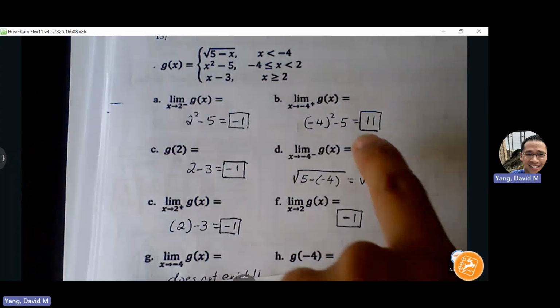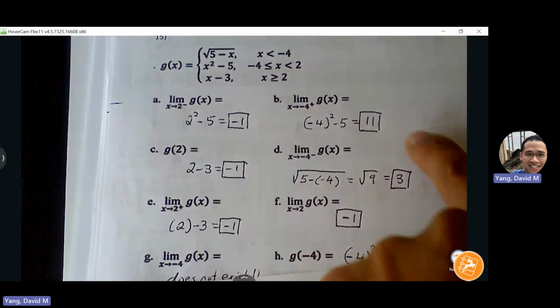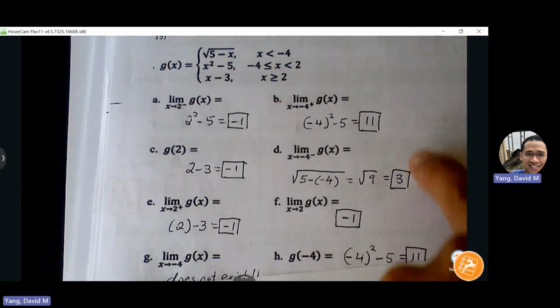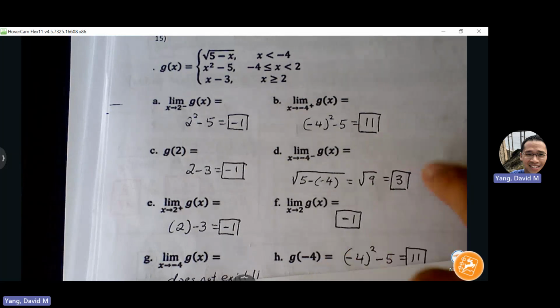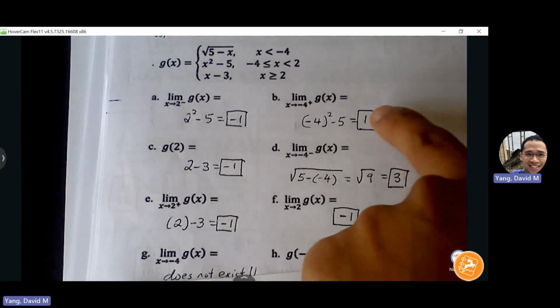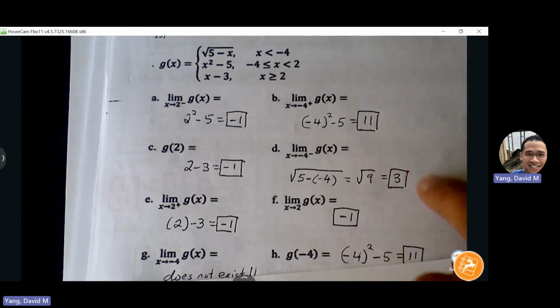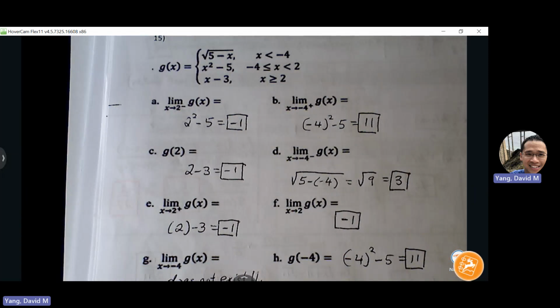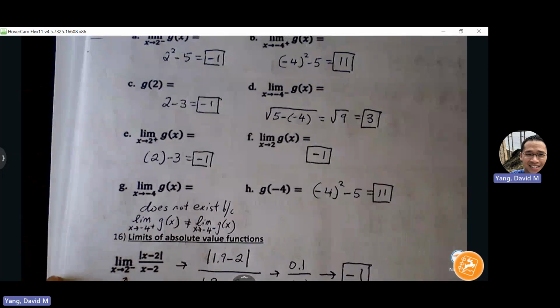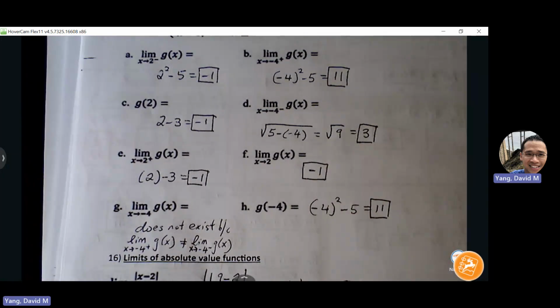So I have information that helped me gather the fact that my true limit doesn't exist, because if we're approaching -4 from the left, I'm getting a value. If I'm approaching -4 from the right, I'm getting a different value. These are not in agreement. So therefore, the graph is disconnected. The fact that they're disconnected and moving to different y values indicates that the limit doesn't exist.